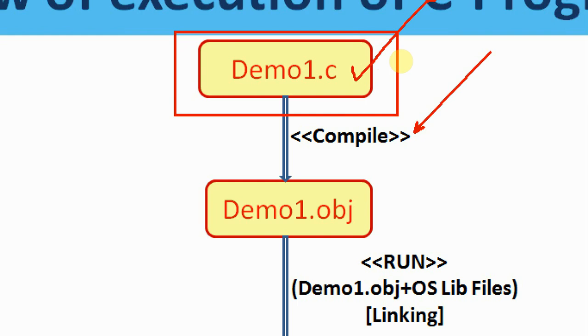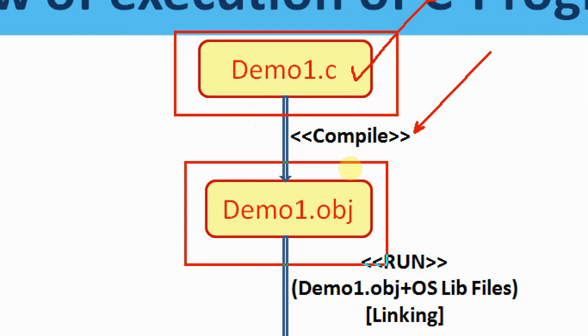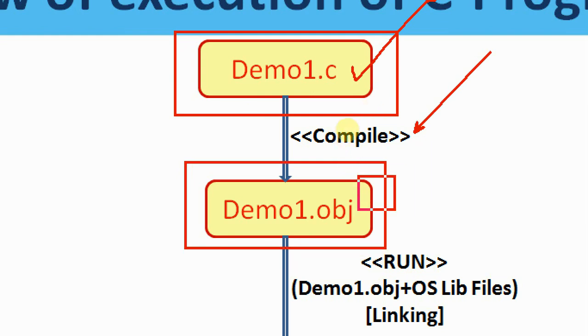If your program does not have any errors, then we get an object code, and this object code extension is .obj.